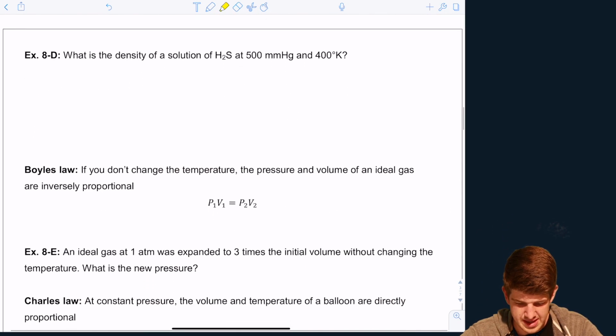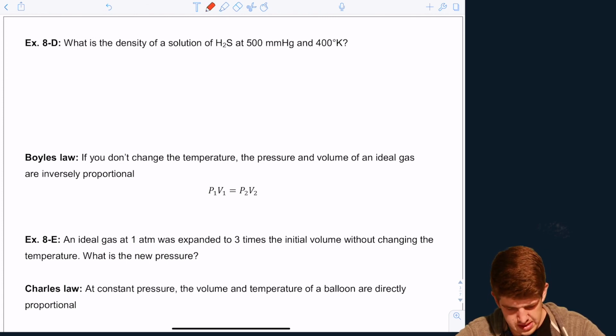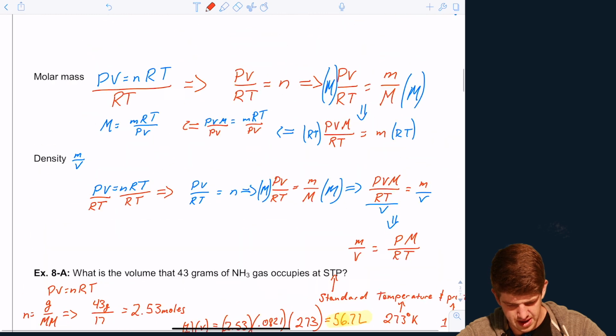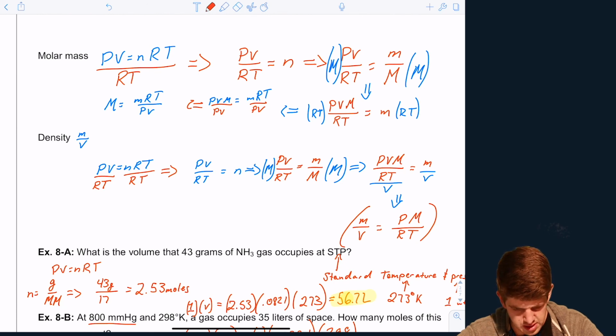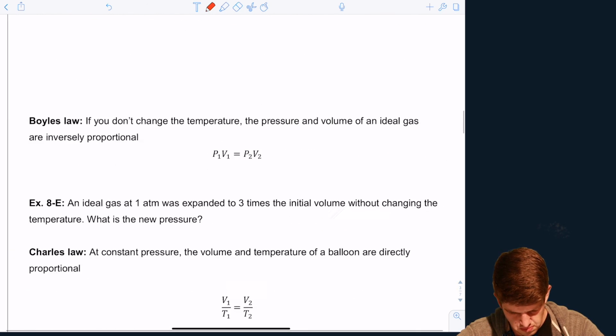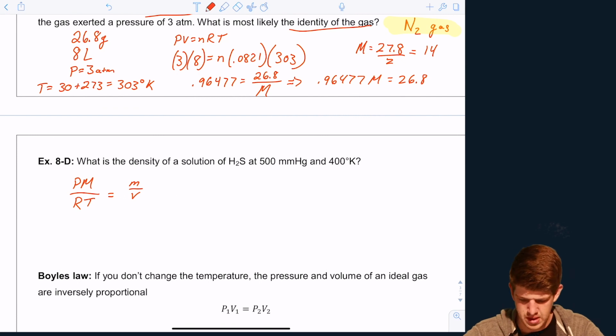What is the density of a solution of H2S at 500 millimeters mercury and 400 degrees Kelvin? Wow, that's fun. All right. So let's actually travel back up here real fast. We found that our density was PM over RT. So PM over RT is equal to mass over volume.